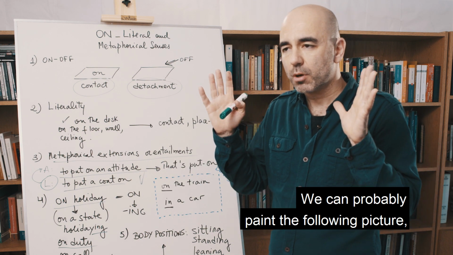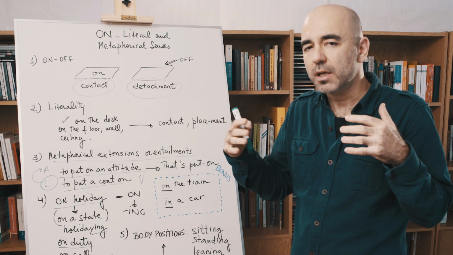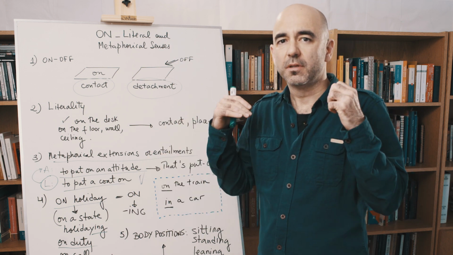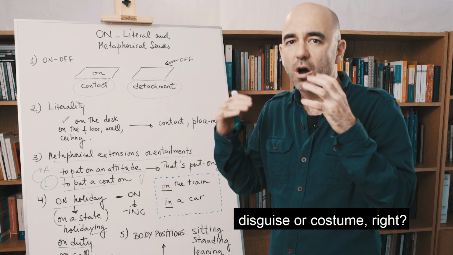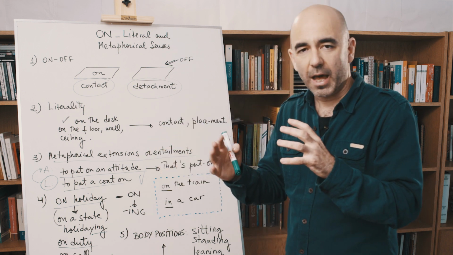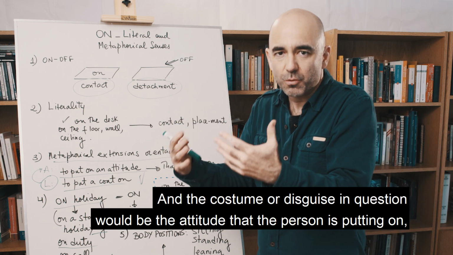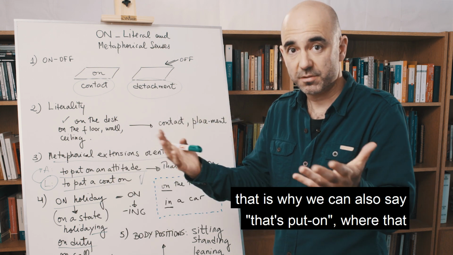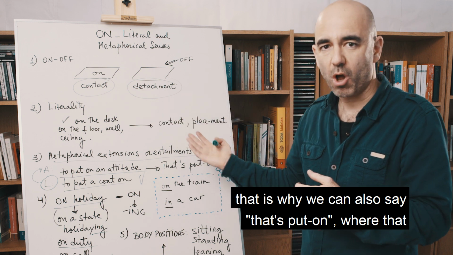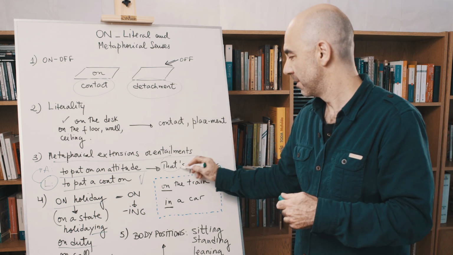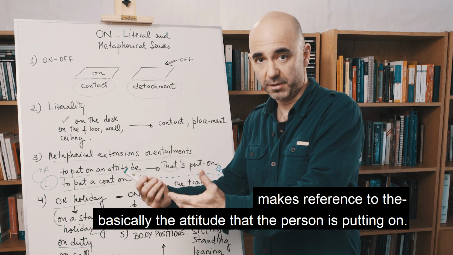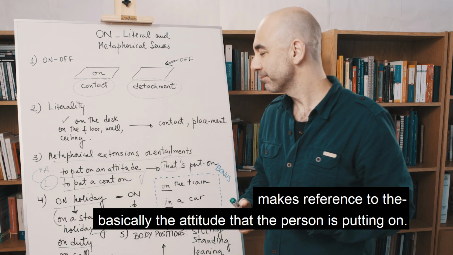We can probably paint the following picture. It is as if the person was wearing some sort of disguise or costume, right? And the costume or disguise in question would be the attitude that the person is putting on. That is why we can also say that's put on, where that makes reference to the attitude that the person is putting on.